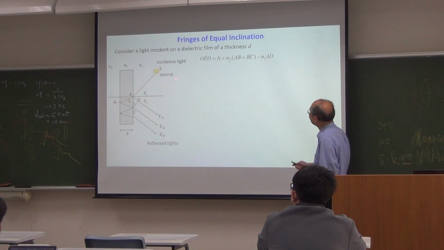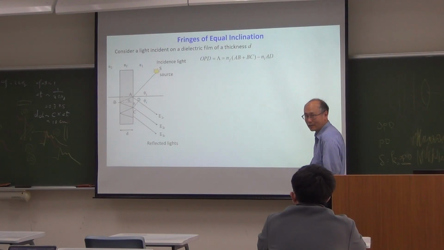For A, B, B, C is right here. The refractive index is n_f. And for this path AD, the refractive index is n1 outside this beam. So we write down the optical path difference, and optical path difference is very important in your calculation.